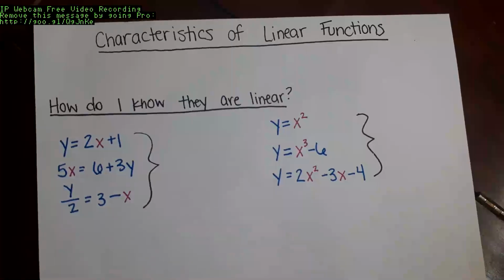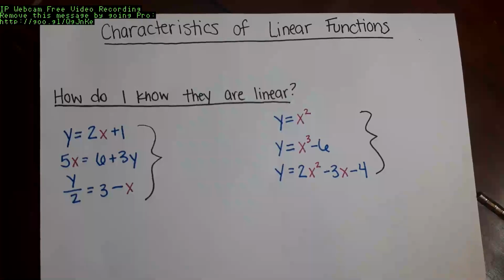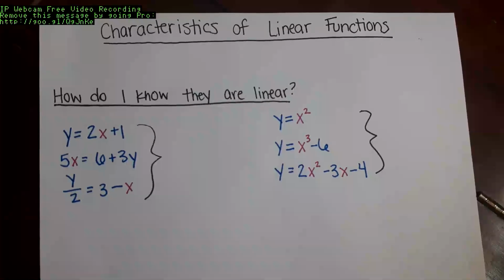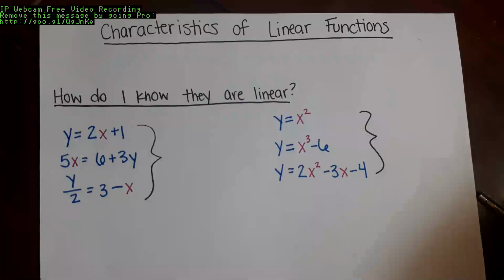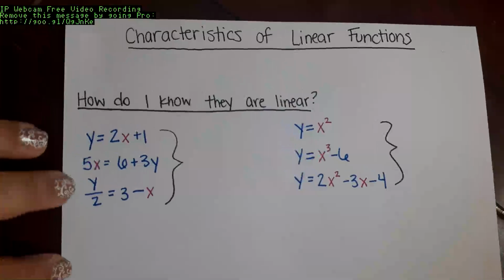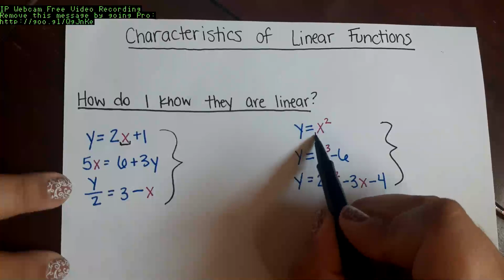So first of all, how exactly do I know whether a function or an equation is linear or not? Well, let's see. If we pay special attention to our x's, then we'll find out. So over here, what can you tell between this x and this x?